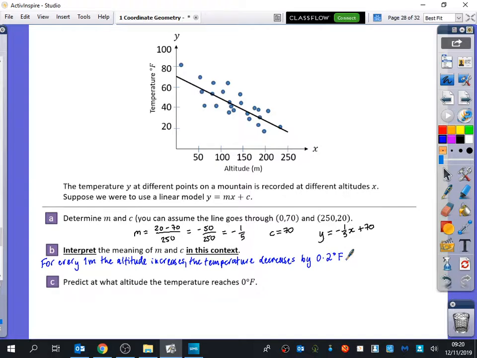Because really that's what the definition of gradient is. For every one space you move in the x direction, that's what changes in the y direction.